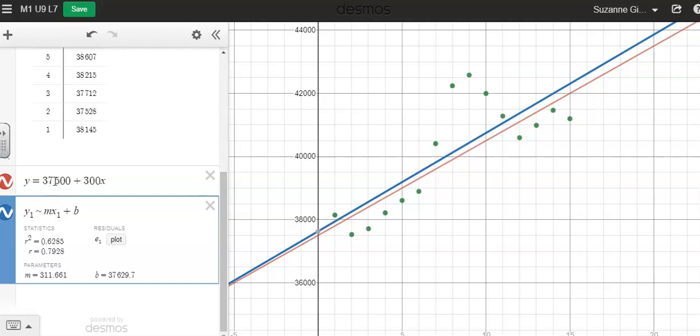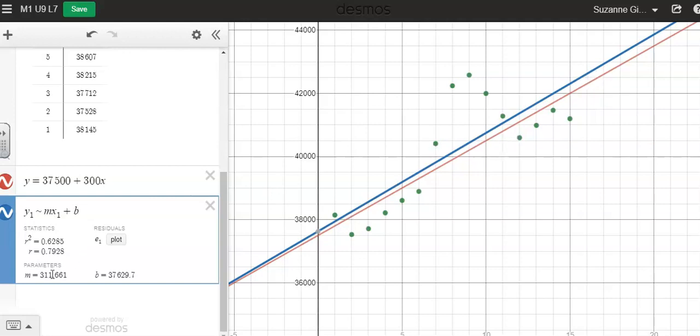I had estimated 37,500 for my y-intercept. The linear regression line gives me 37,629.7. And right here is the correlation coefficient, which is close to my estimate. I have 0.7928 as the correlation coefficient, which indicates a strong positive correlation between variables.